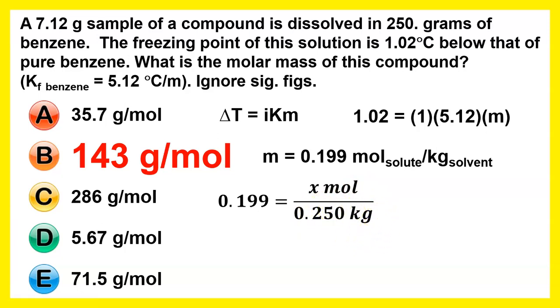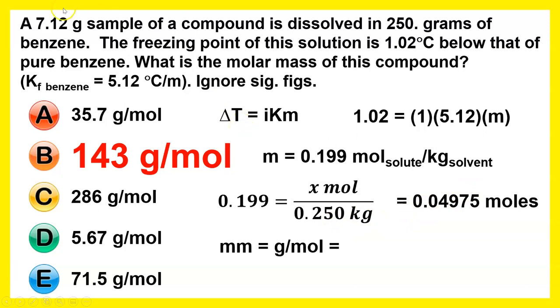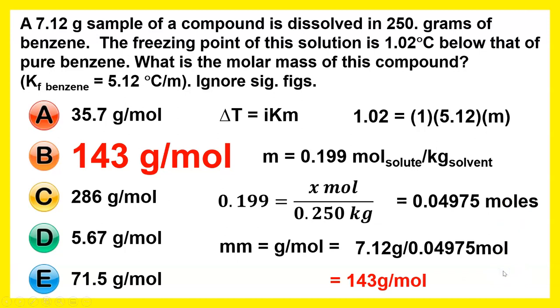And that tells me that in order to have gotten a 1.02 degree depression of my freezing point, I had to add this many moles to this many kilograms. Well, now I want molar mass, right? 7.12 grams was this many moles. So I end up with my molar mass of 143.